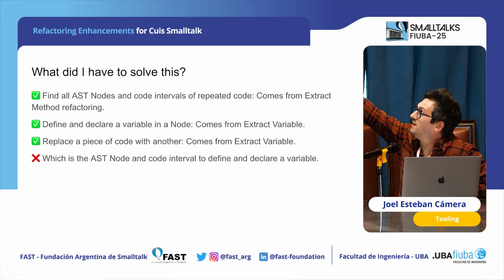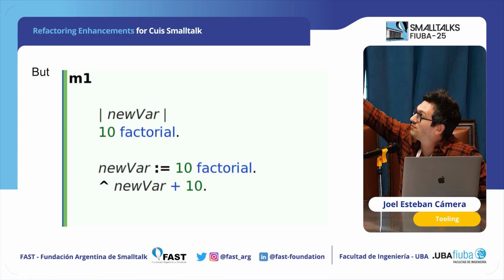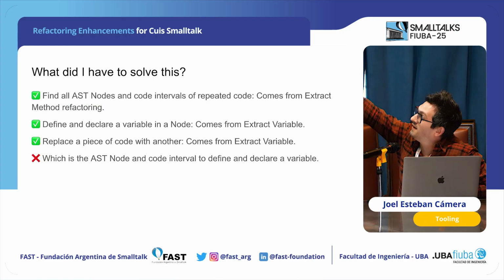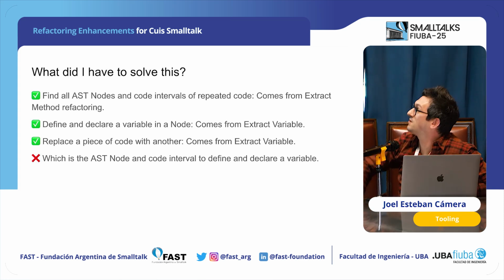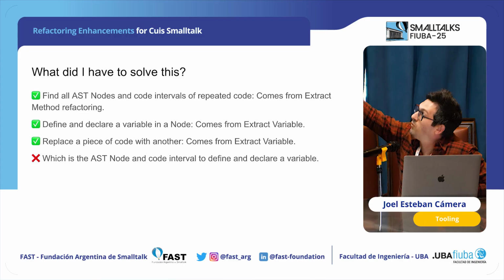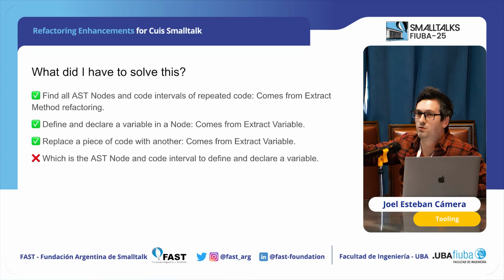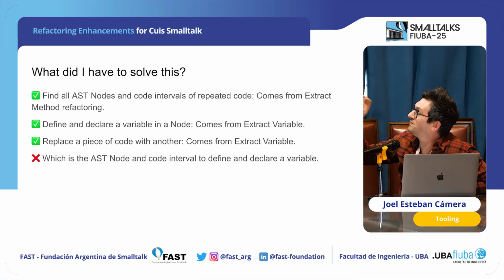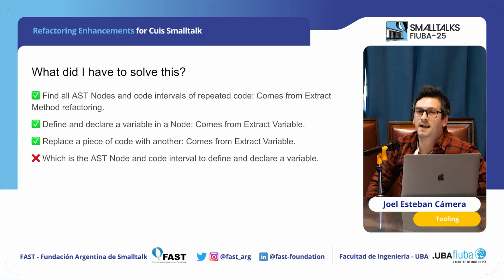Define and declare a variable in a node: okay, I have it because it's an extract variable. Replace a piece of code with another: also, extract variable has that. The problem was that I don't know which node in the AST I have to define and declare that variable in.